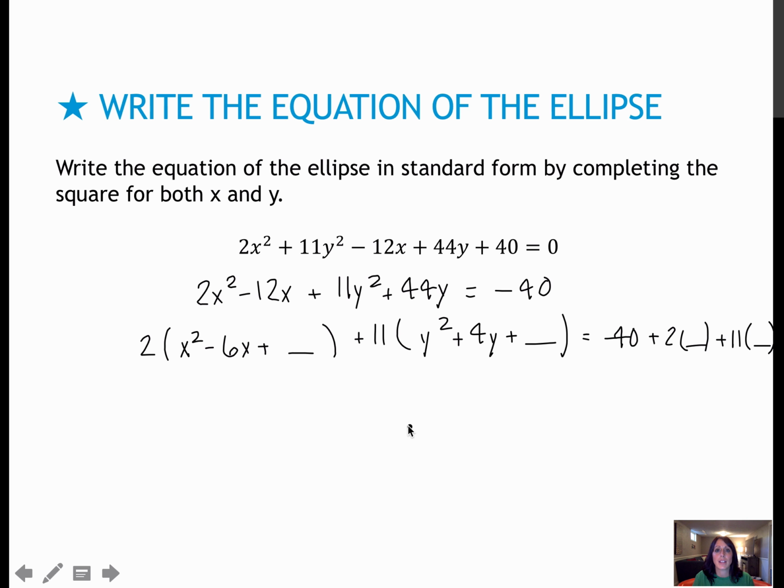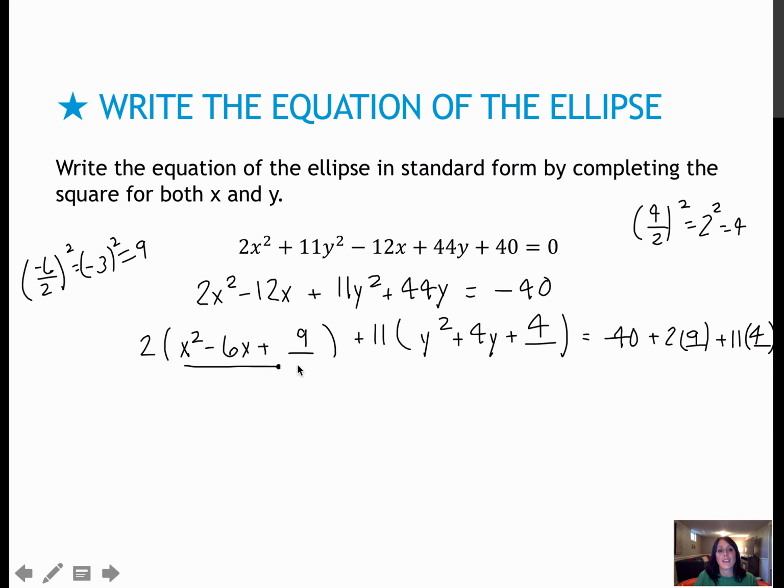Now we need to find the blanks. So to find the blanks, I take the b value, halve it and square it. So my first blank is 9, and 9. My second one is 4 divided by 2 and squared, which is 2 squared, which is 4. So 4 and 4.